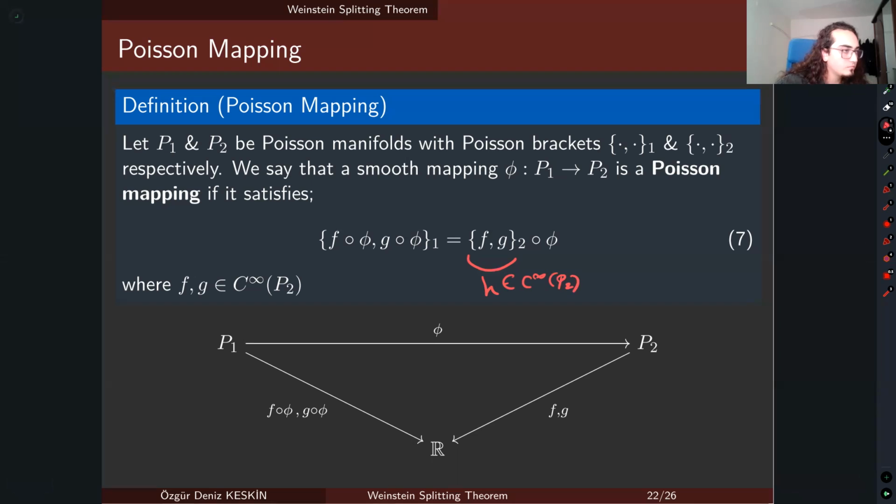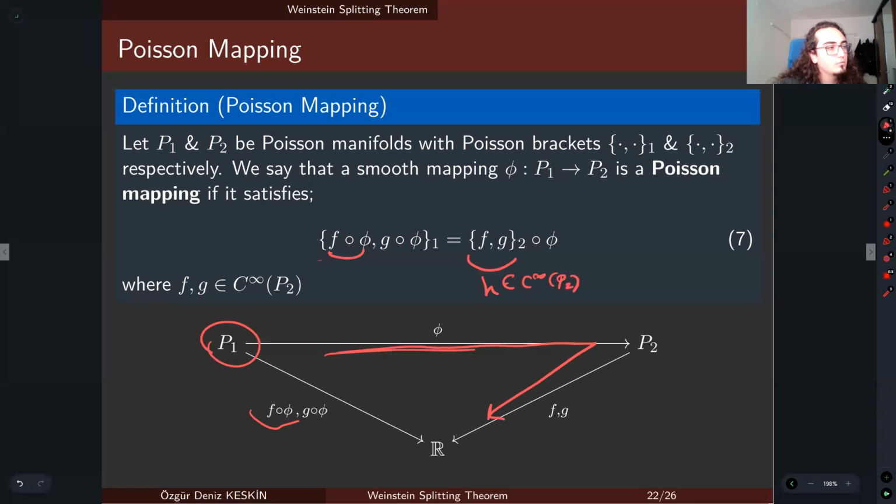Here we see that f composed with phi and g composed with phi will be simply functions on P1, and we want the bracket on P1 to go via phi and then h to be equal to this map.